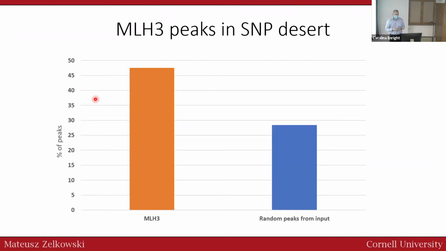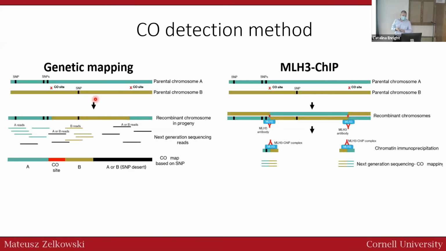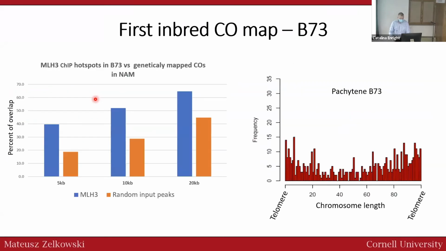And we found that more than 40%, more than 45% of the total peaks of MLH3 come from this desert. Probably we are able to detect the crossover, but the current reference map we were using had too low a resolution to detect it.